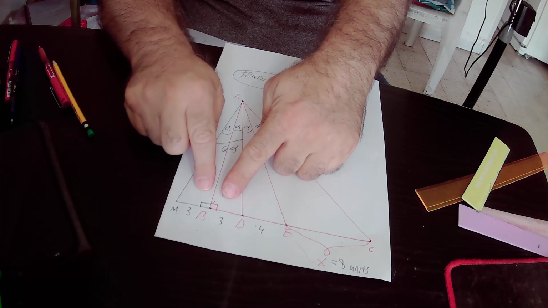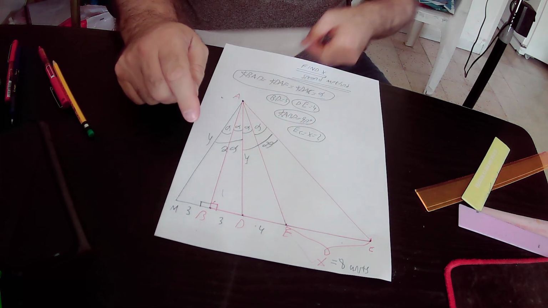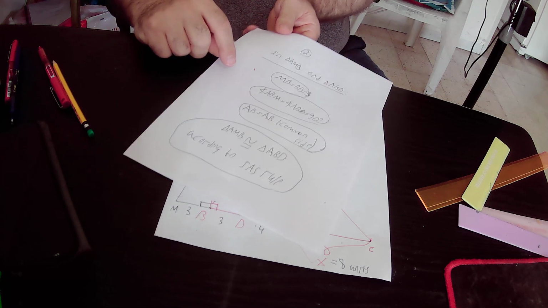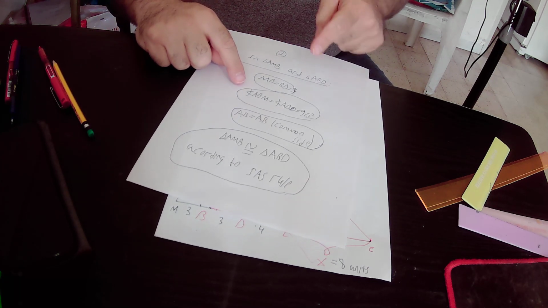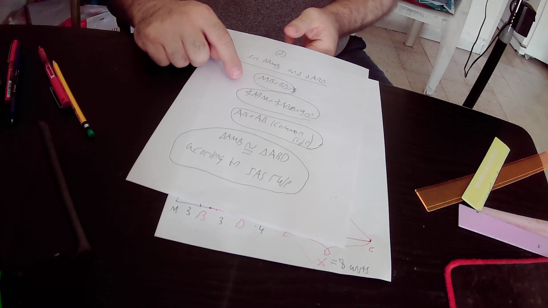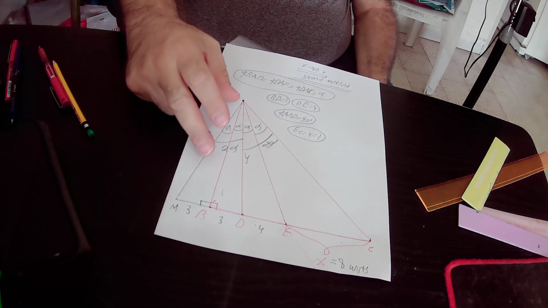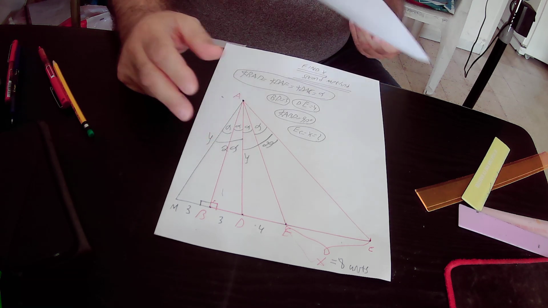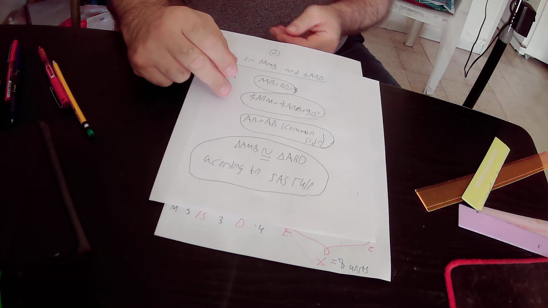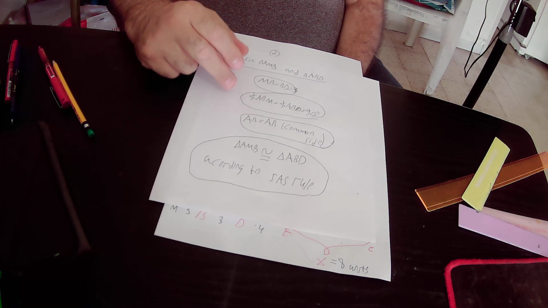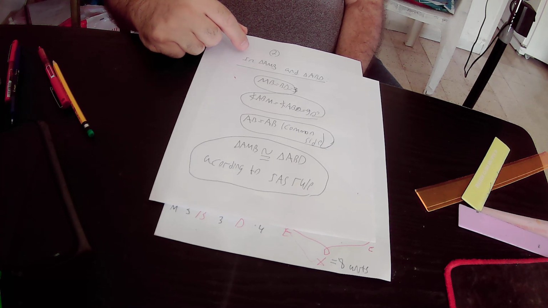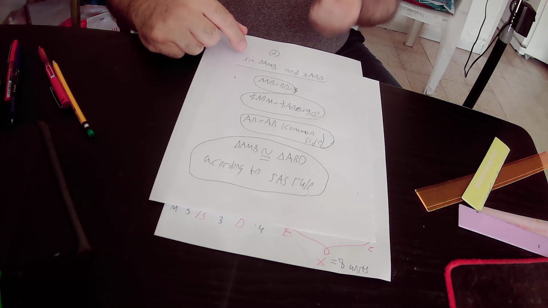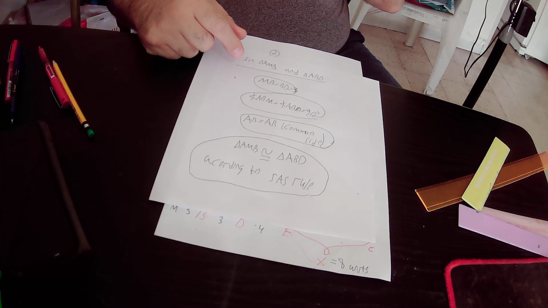Angle MBA equals angle ABD equals 90 degrees. And AB is a common side. It belongs to both triangles. So AB equals AB. So we actually proved the triangle AMB is congruent to triangle ABD according to side angle side rule.